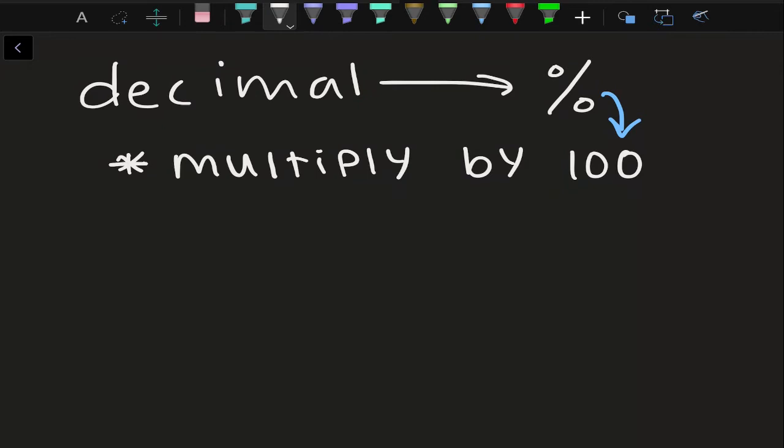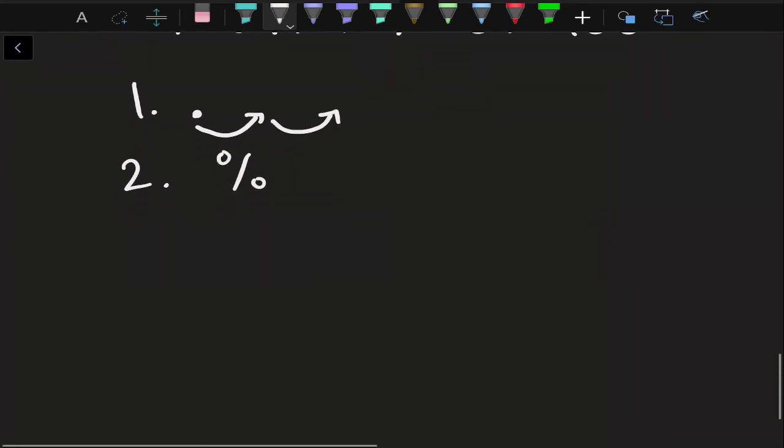So an easy way to do this multiplication is just by moving a decimal two places to the right. 1, 2. After we move the decimal 2 places to the right, the next step is to add the percent symbol in. And then the third step is to add any zeros if we need them.